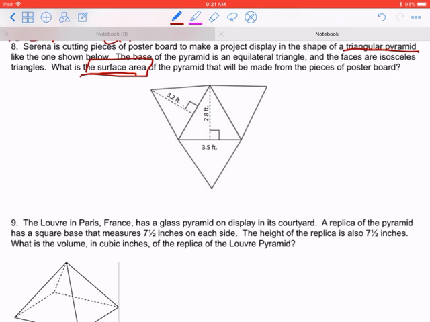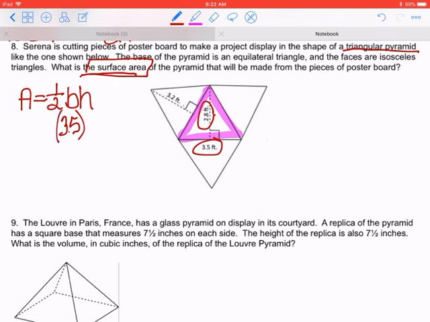I'll start with the base. The base triangle measures 3.5 by 2.8, and the formula for area of a triangle is 1/2 BH, where the B is 3.5 and the H is 2.8.